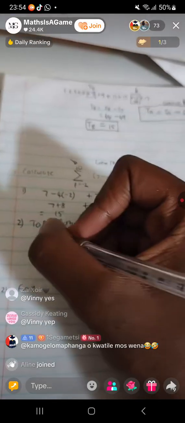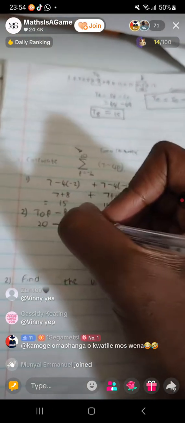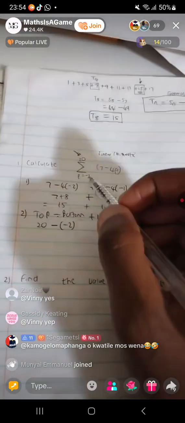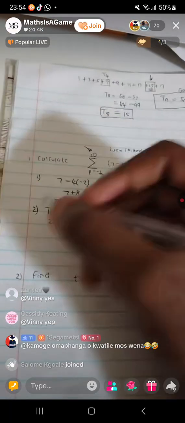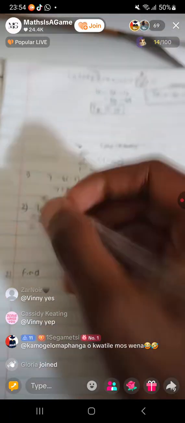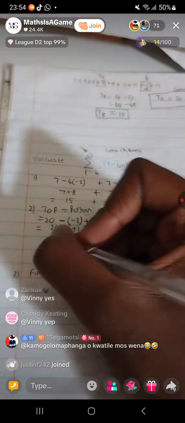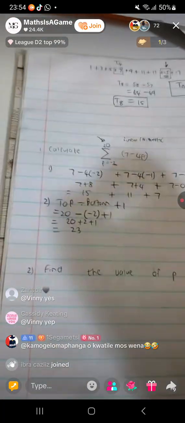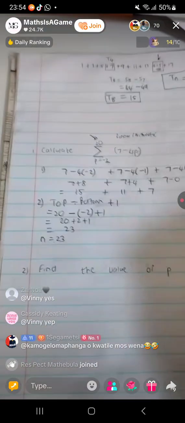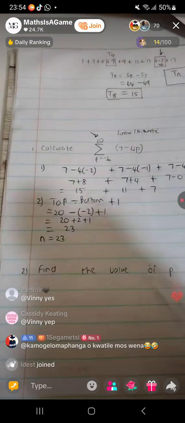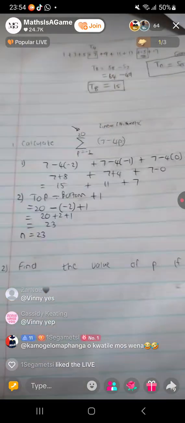So we say 20 minus -2, because the value at the beginning is -2, plus 1. 20 plus 2 plus 1 is equal to 23. So our n is 23. We are going to calculate the sum of the first 23 terms.